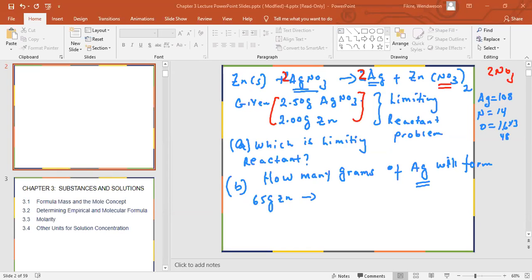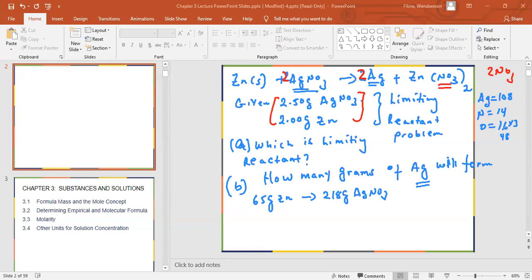So let's see, 108 plus 14 plus 48, that's 170 to me. If anybody has a different answer, please let me know. 170 times 2 gives me 218. 218 grams of silver nitrate.